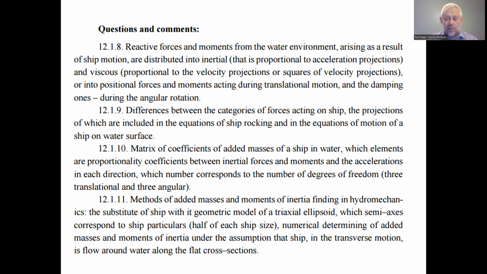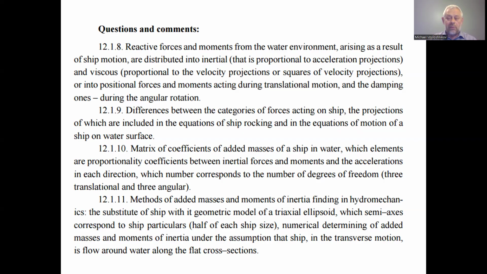Added masses we can find by carrying out an experiment. Added masses and the damping coefficients are the factors of proportionality between the ship velocities, translational and angular, and accelerations as well, translational and angular, in the water, and the arising forces.